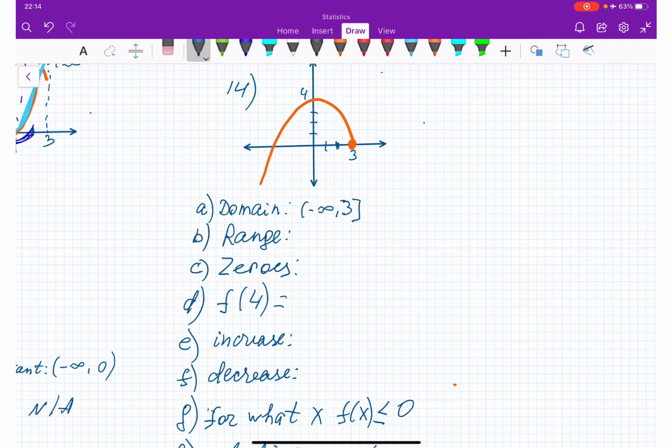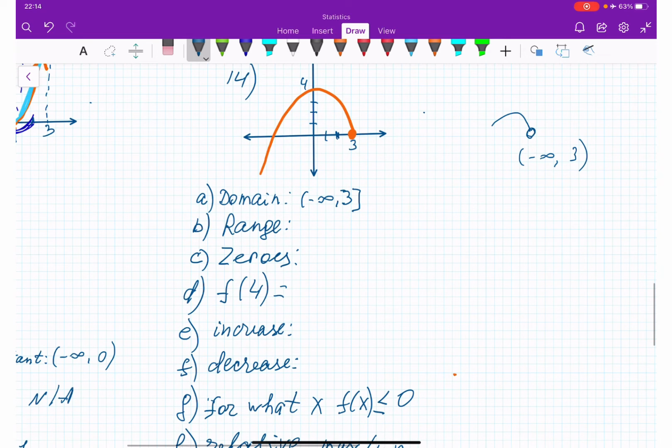And we put a square bracket because the circle is filled up. If it would be an empty circle, then we would put negative infinity to 3 with parentheses, because an empty circle means this point is not included on the graph.